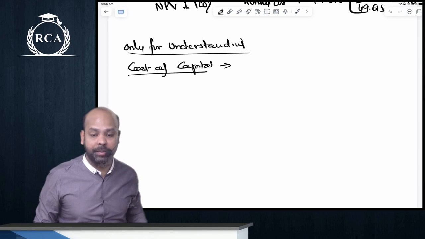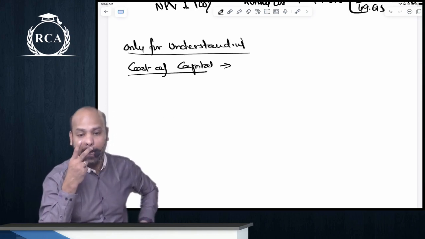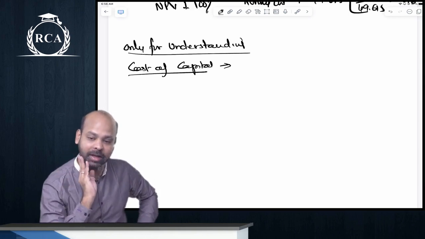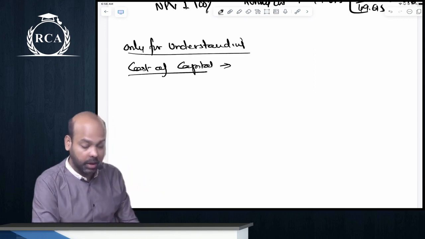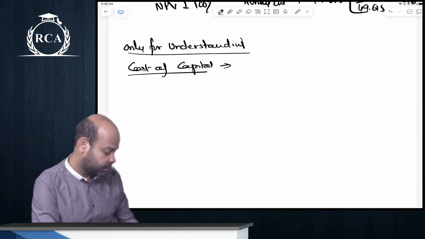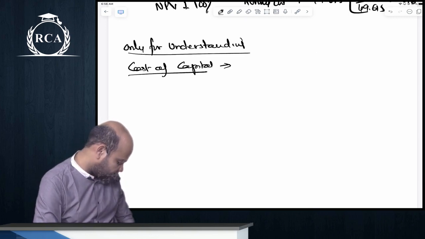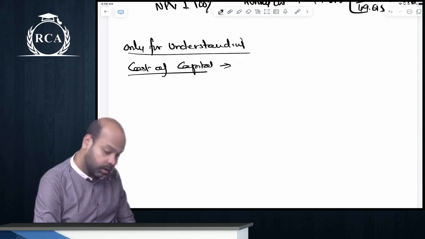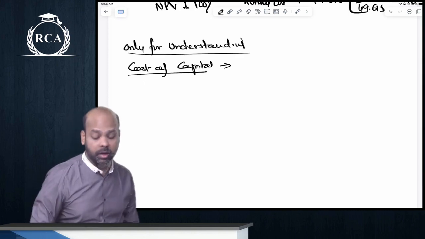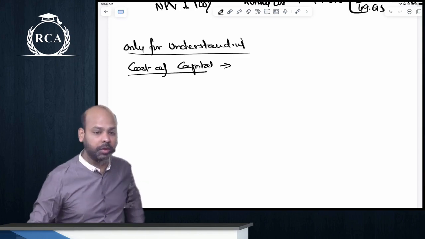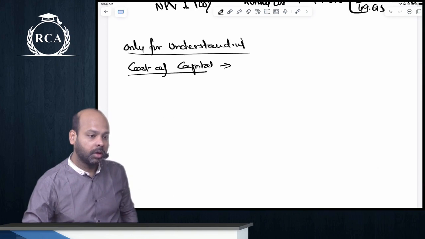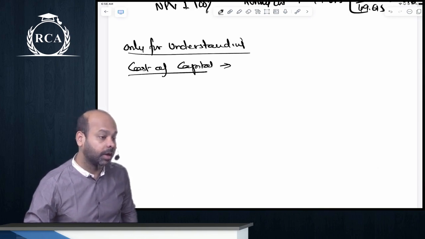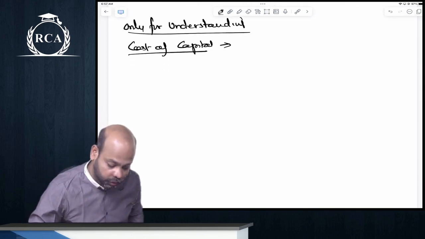Hence if cost of capital increases to IRR, NPV will reduce to 0.